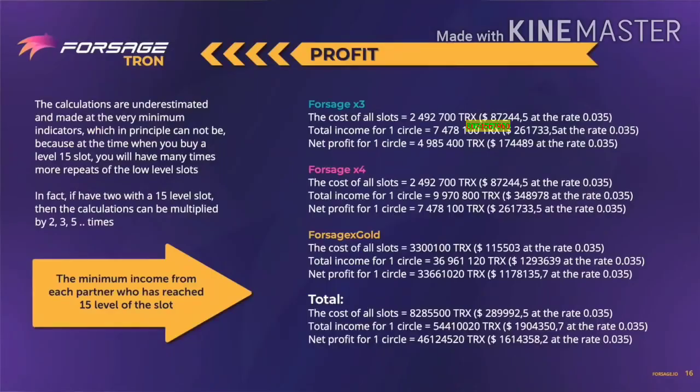If we add up the income of one circle of all slots of all programs and subtract the cost of all slots, we get a net profit for one circle of 46,124,520 TRX. It is $1,614,358 at the rate 0.035. This is a poor profit.